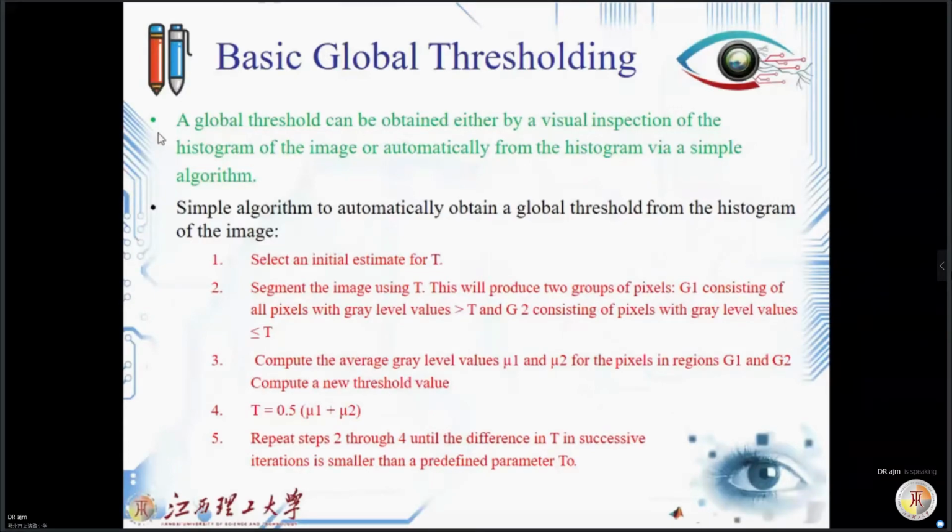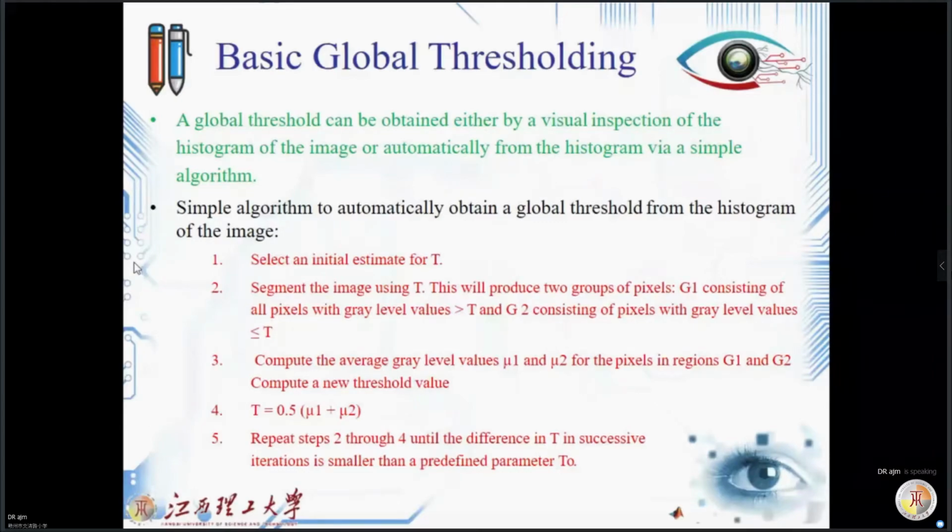Then we update T with the formula T = 0.5 x (mu1 + mu2), and repeat steps 2 through 4 until the difference in T in successive iterations is smaller than a predefined parameter T0. Then you will see that this cycle starts and this algorithm can be followed.